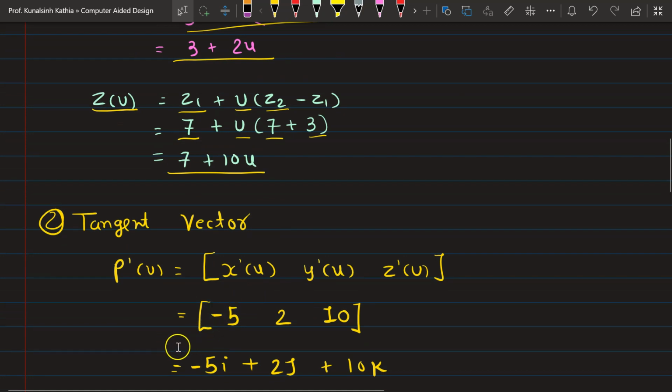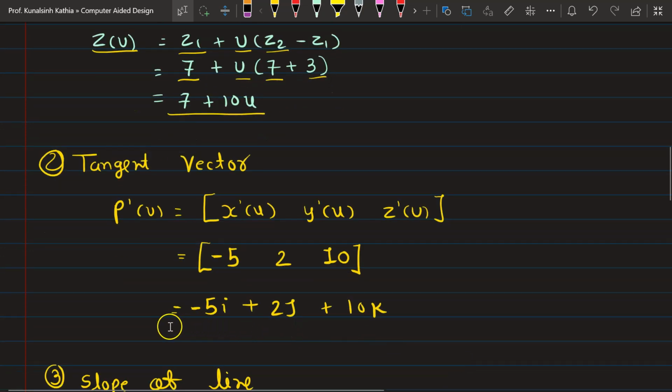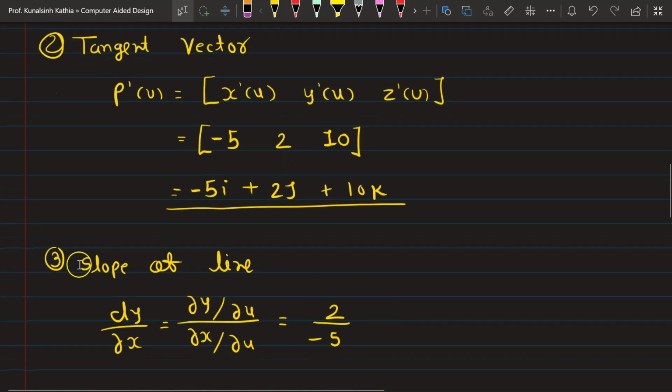Now if I want to represent it in the form of a vector equation, I have to multiply the x value with i, the y value with j and the z value with k. So this will be the tangent vector equation, which was required. Now the third step, the slope of the line. We know that the slope of the line is dy by dx.